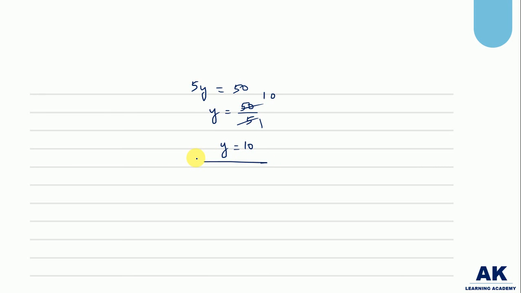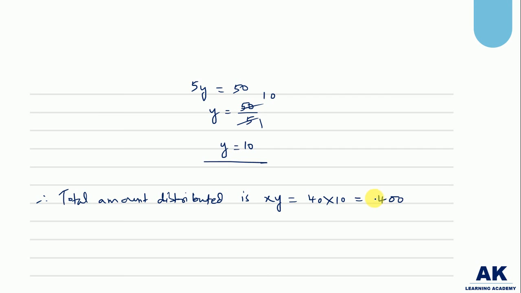Total amount distributed is what? Therefore total amount distributed is xy, which is equal to 40 into 10, right? So 40 into 10 is 400, right?